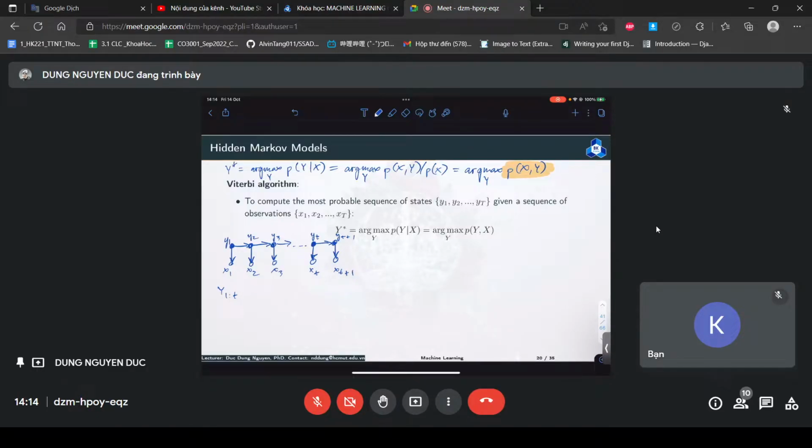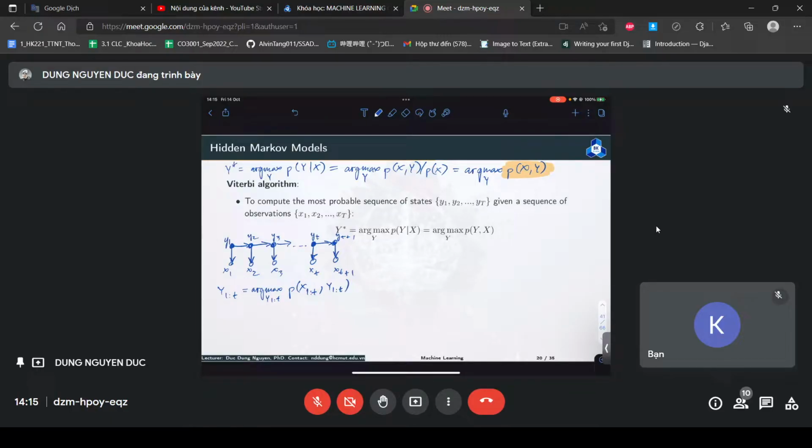Suppose that I'm estimating the sequence y from 1 to t, equal to argmax over y from 1 to t of the joint probability p(x from 1 to t, y from 1 to t), right?